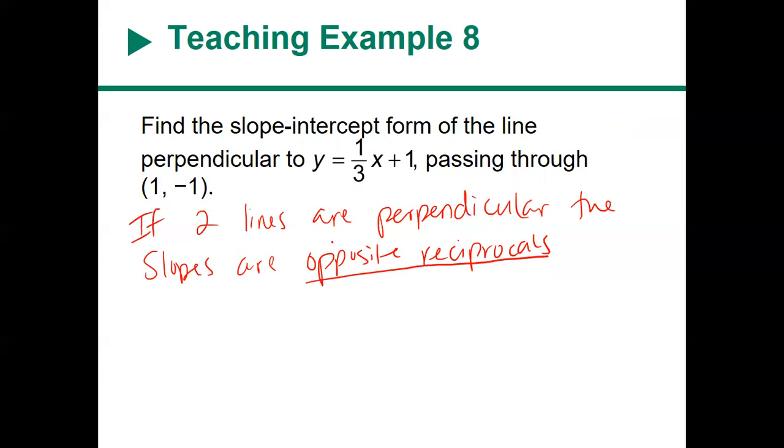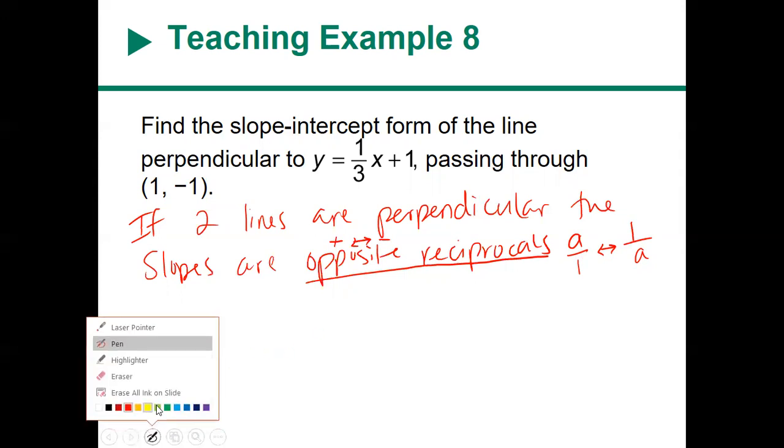Opposite means that if it's positive, then it becomes a negative, and if it's negative, it becomes a positive. Reciprocal means that if you have a over 1, then its reciprocal is 1 over a. Okay, and vice versa. If you have 1 over a, then the reciprocal is a over 1.